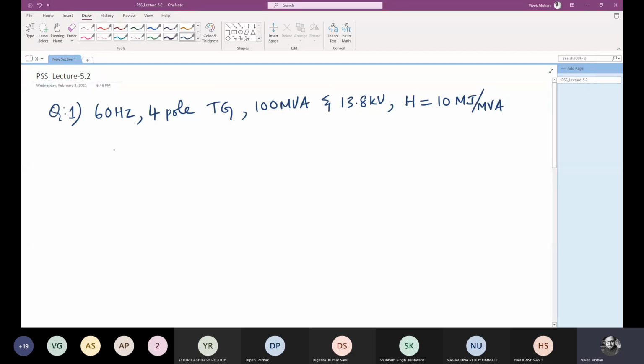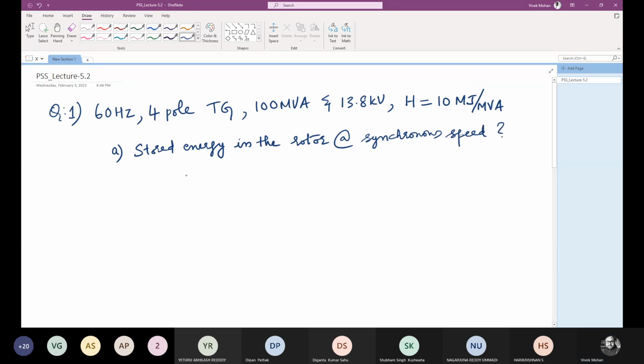Now, the first part of the question is to find the stored energy in the rotor at synchronous speed. How will you find it? Stored energy equals GH.